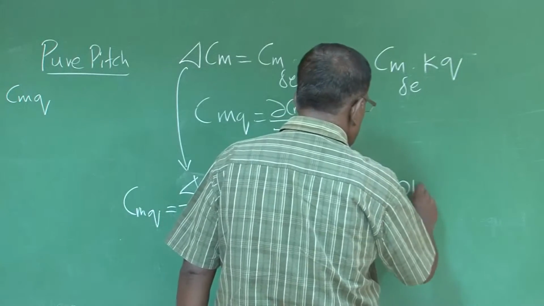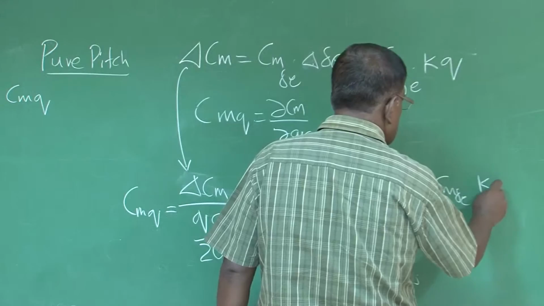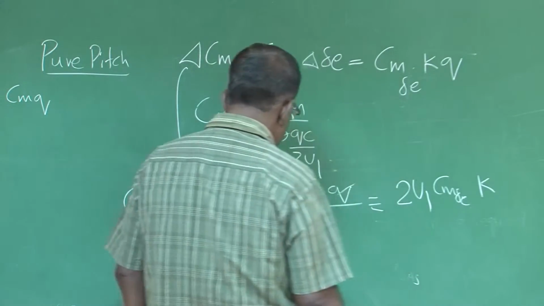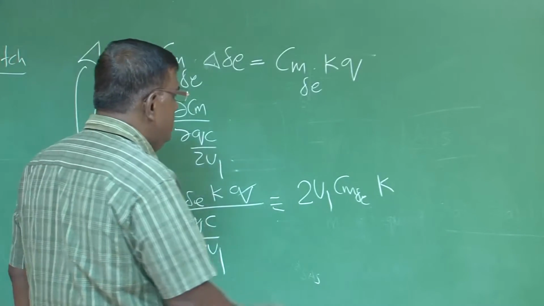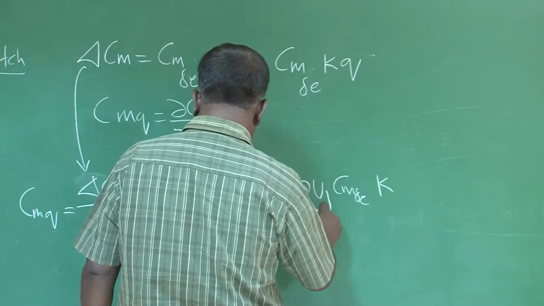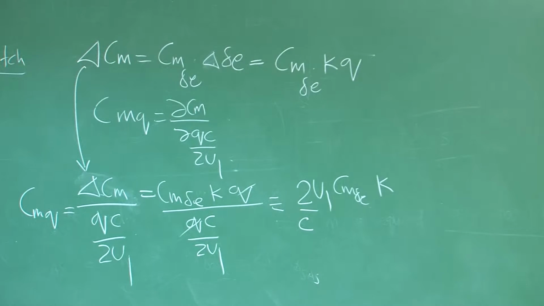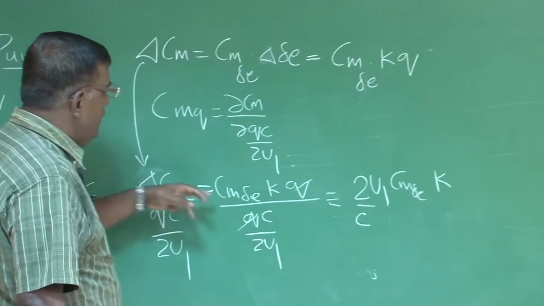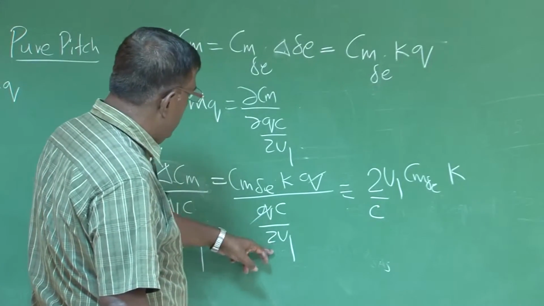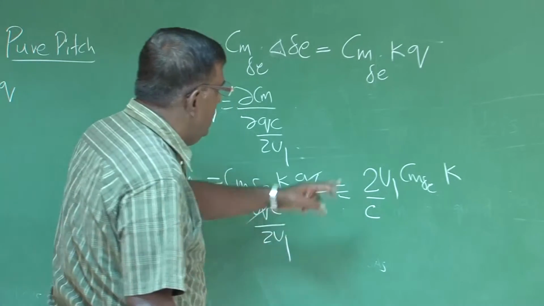This gives me 2U1 Cm delta E K by C is here, right? Clear? I hope I have not done any mistake. Cm delta E into KQ, so I am dividing Cm delta E into KQ by Qc by 2U1. 2U1 goes up, C is here, right? K and Cm delta E.